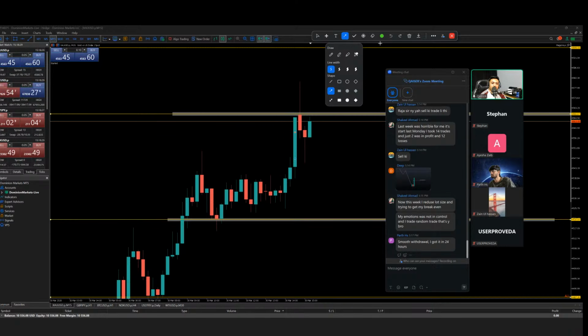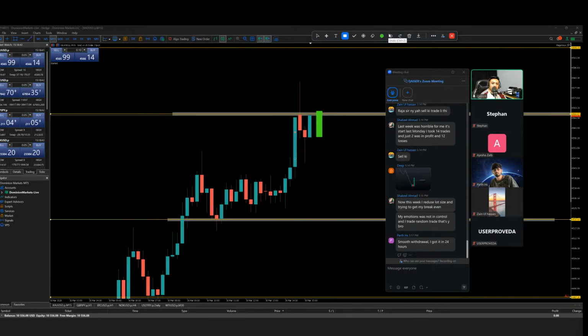Either it closes above the resistance, so I can go for the buys, or if it breaks below this low, then it could be the best idea to go for the sells. For both scenarios I need to wait for the candle closure.